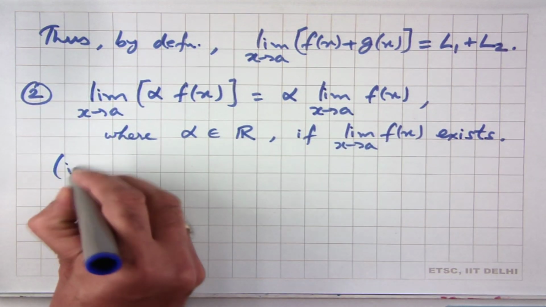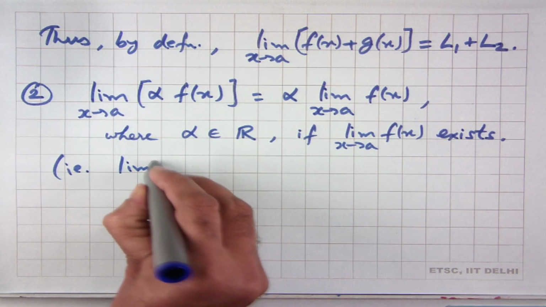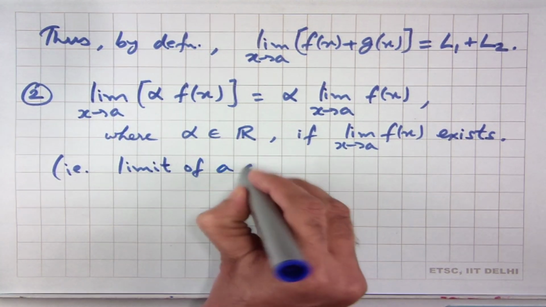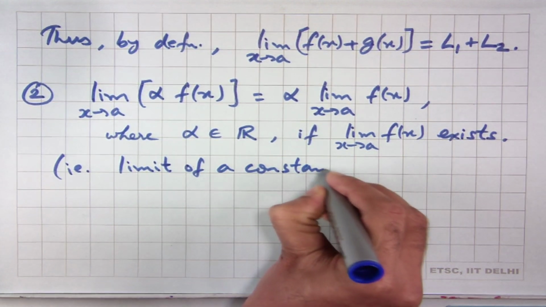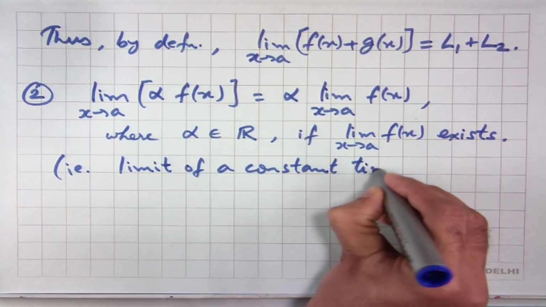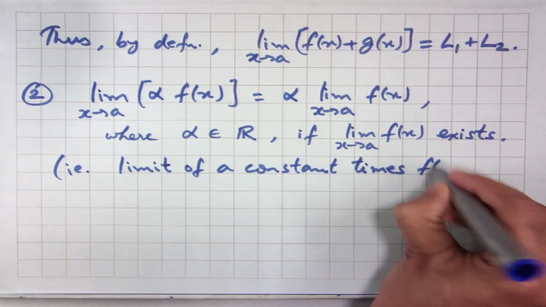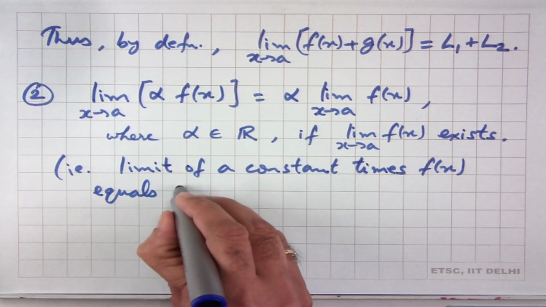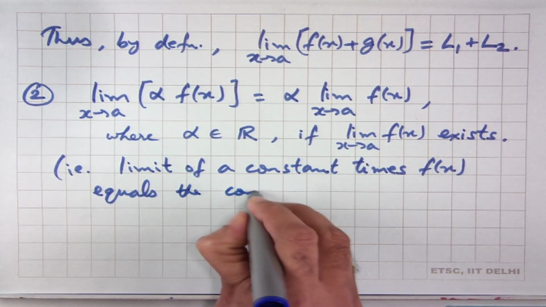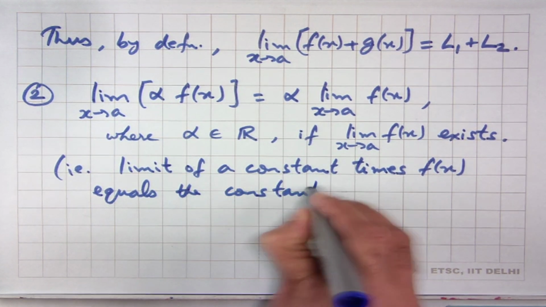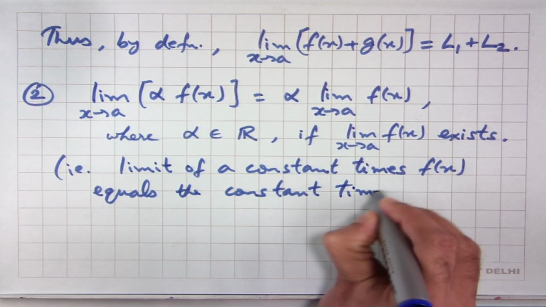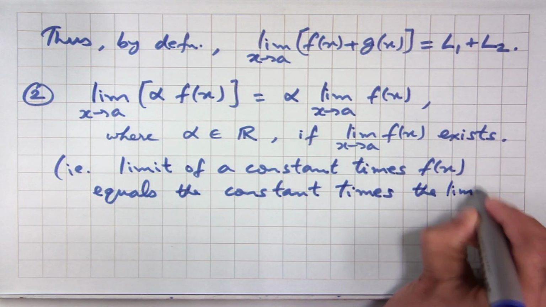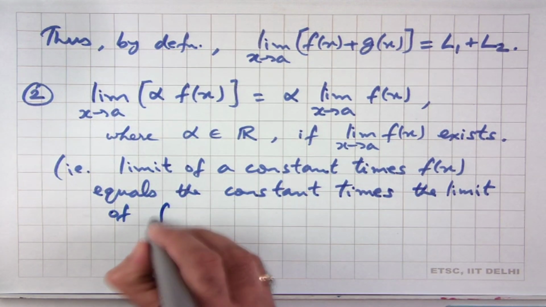So, that is, limit of a constant times f of x equals the constant times the limit of f of x.